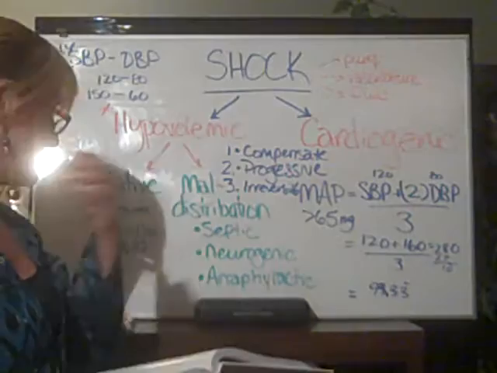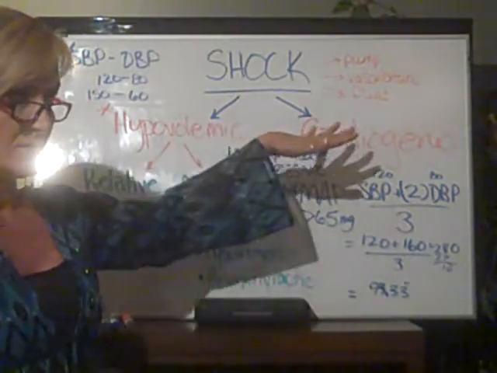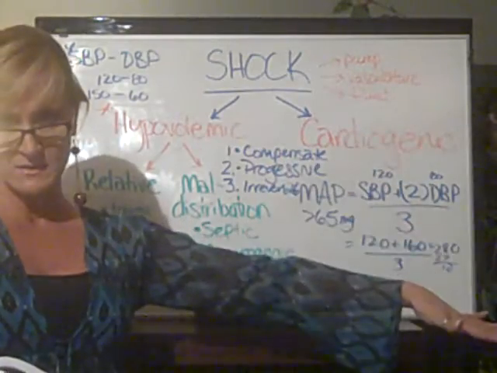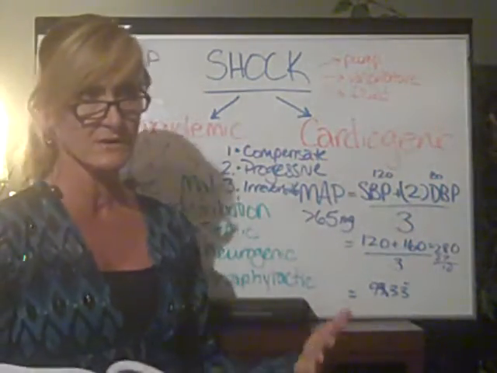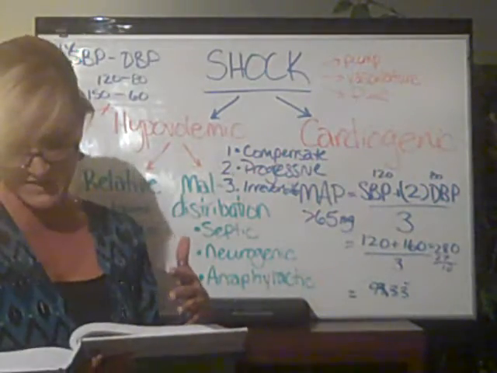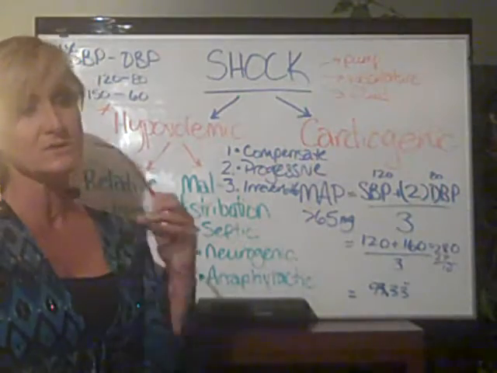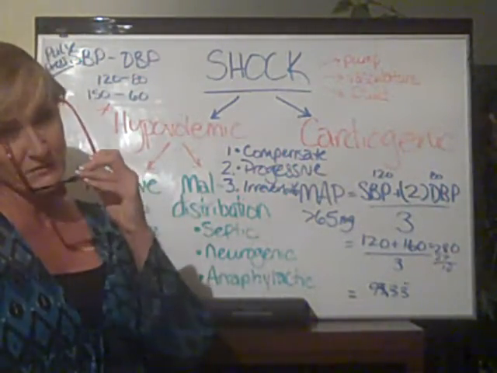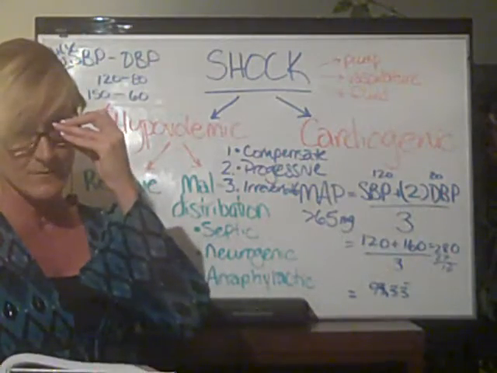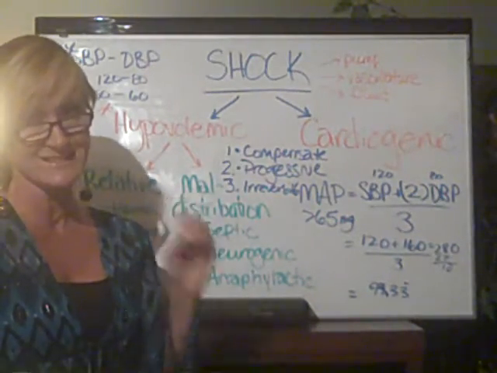Then what can happen if your patient is developing shock and it goes untreated, and the compensatory phases are starting to fail, then the patient can start developing two different things. One is called SIRS, S-I-R-S, Systemic Inflammatory Response Syndrome, and the other one is MODS, Multiple Organ Dysfunction Syndrome.